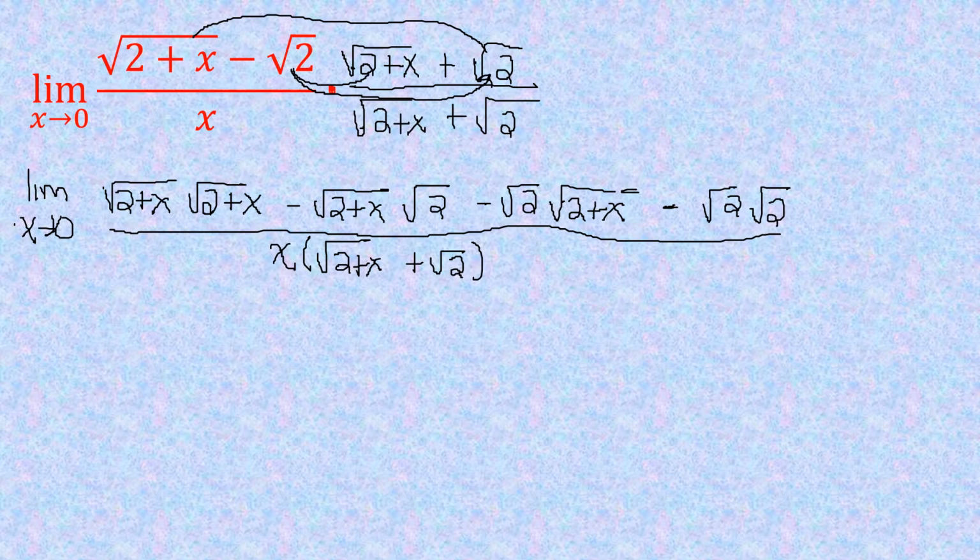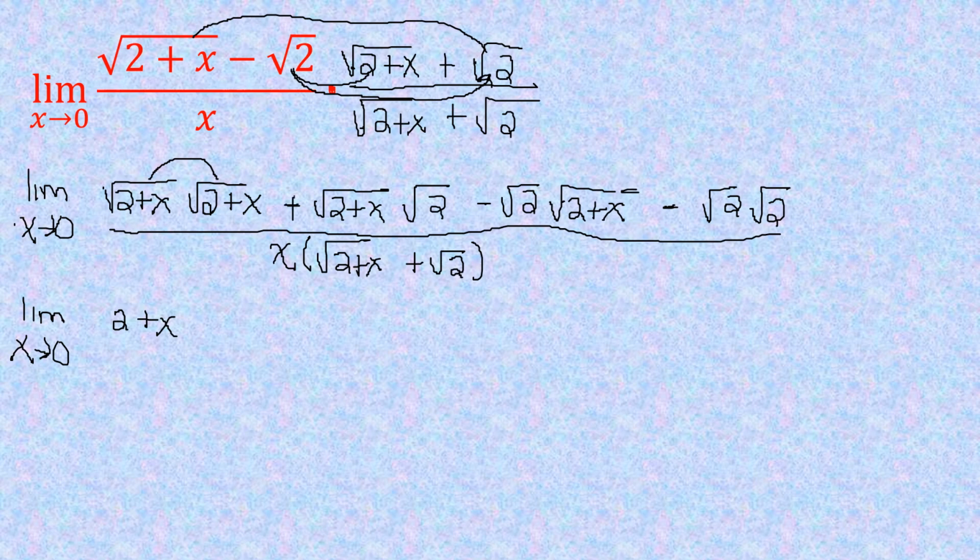All right, now I know this looks crazy and ugly, but we're going to see a couple of things here. The nice part about multiplying by a conjugate is that it eliminates the radicals. That's its whole purpose. So when I multiply radical 2 plus x times radical 2 plus x, the radicals go away and I'm left with 2 plus x. When I multiply radical 2 times negative radical 2 plus x, and this one should be positive actually, that should be a positive.